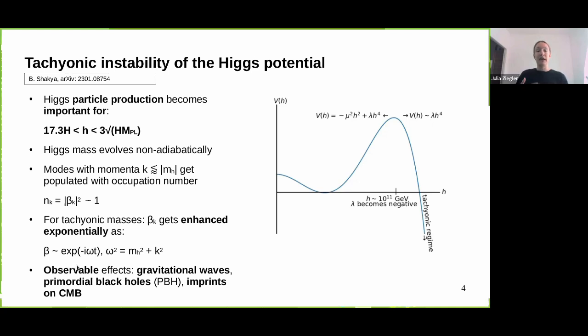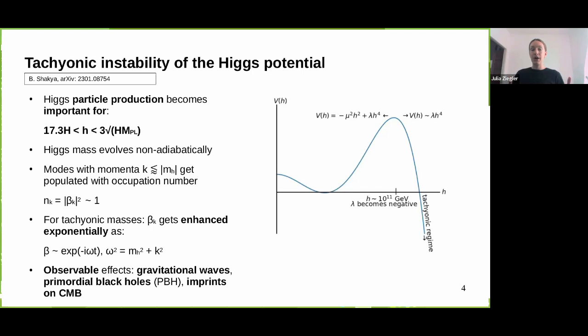And this exponential enhancement of Higgs particle production during inflation can even win against the inflationary dilution, so that at the end of inflation, where usually the universe would be empty, we would still have Higgs particles left. And some observable effects would be gravitational waves, primordial black holes, and imprints on the CMB.